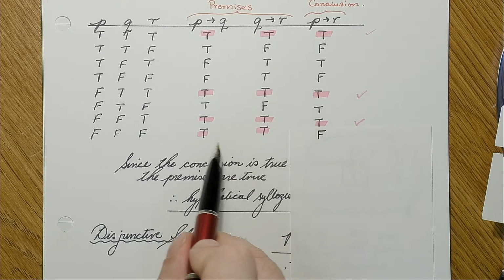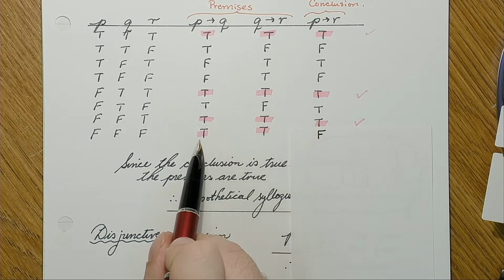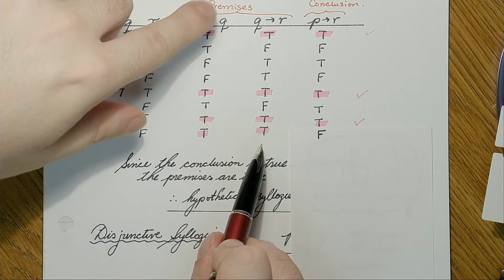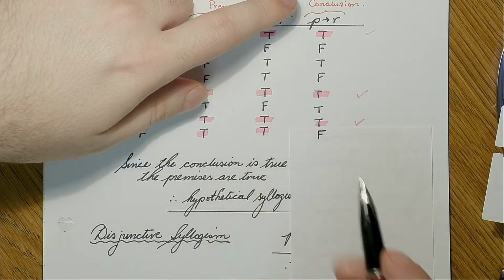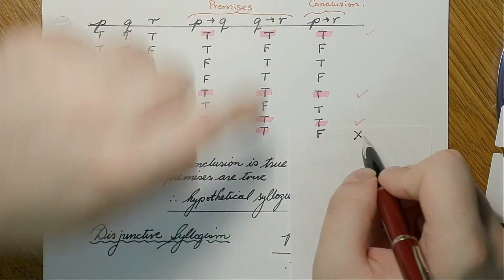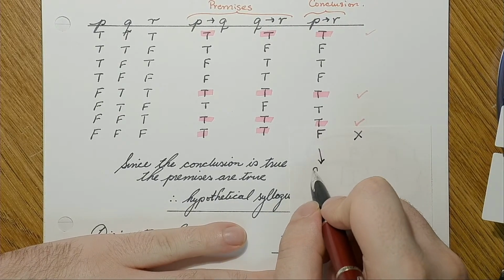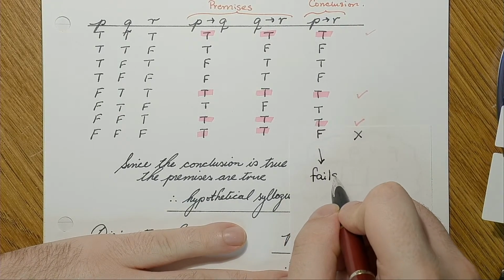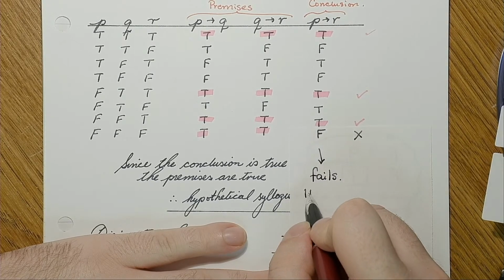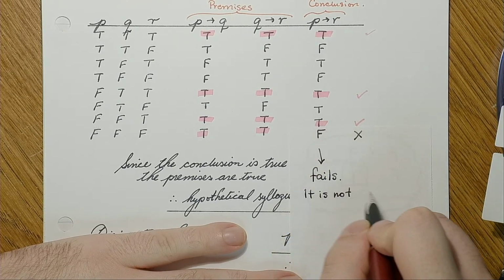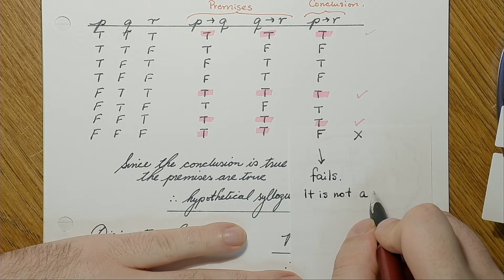So what this would say is if we got to the end here, we had one of these where it was true and true. These are the premises. And the conclusion was false. Then it fails. It is not a valid argument.